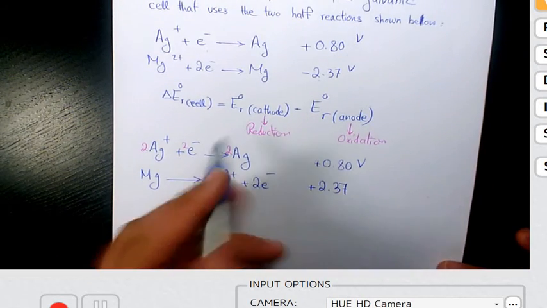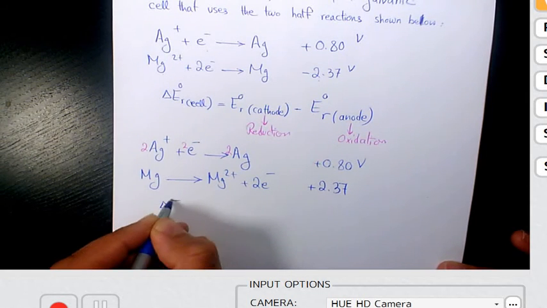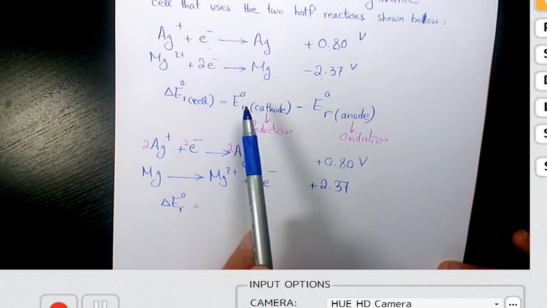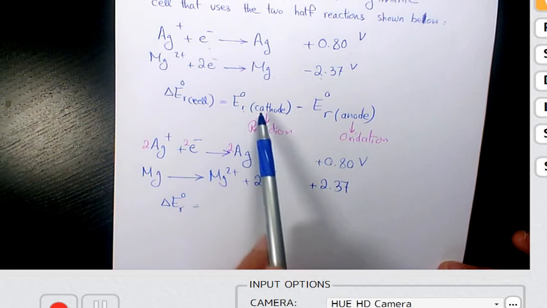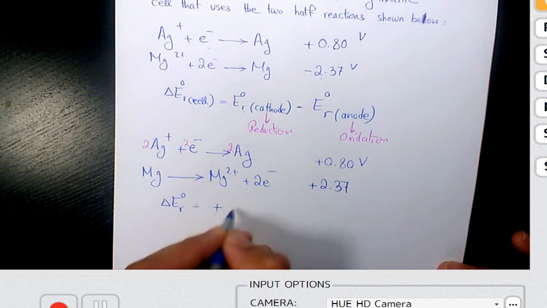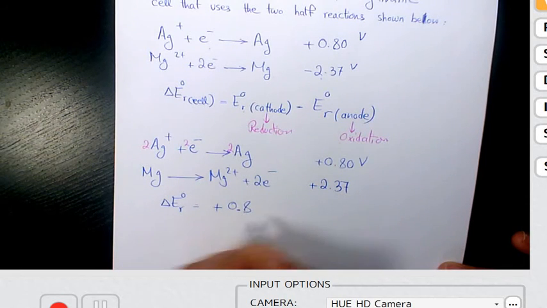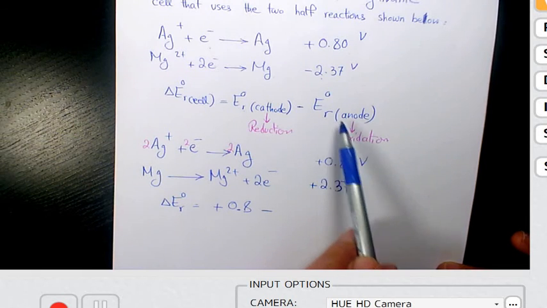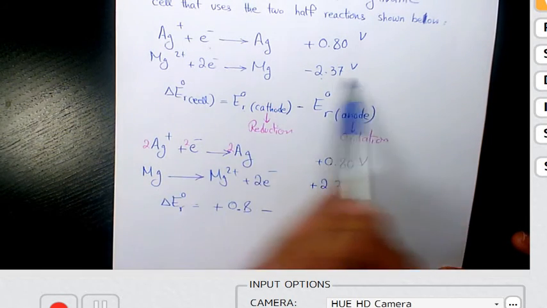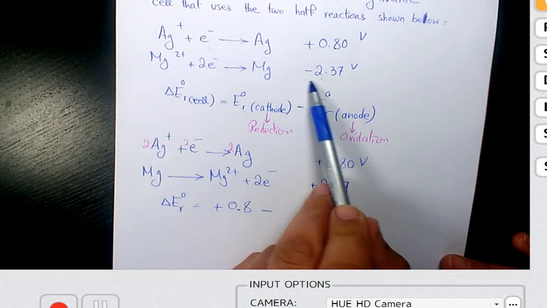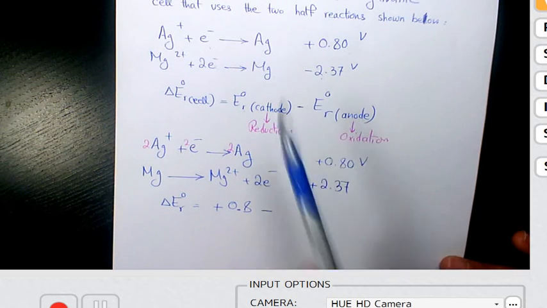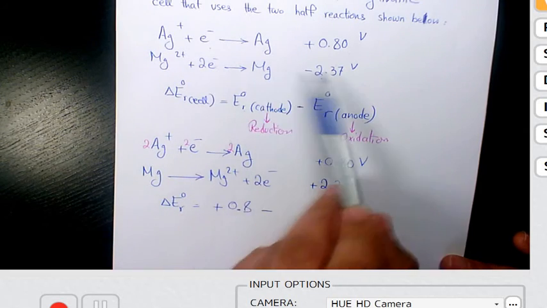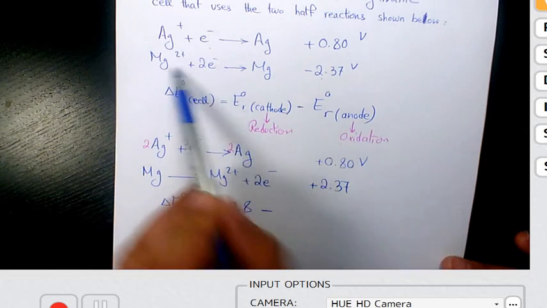So then, based on this formula, I can say delta E°R equals to standard reduction potential of the cathode, which is 0.8, minus the standard reduction potential of the anode. This is the standard reduction potential of the anode, not this one, because that's what you find in the table and has to be in terms of reduction.